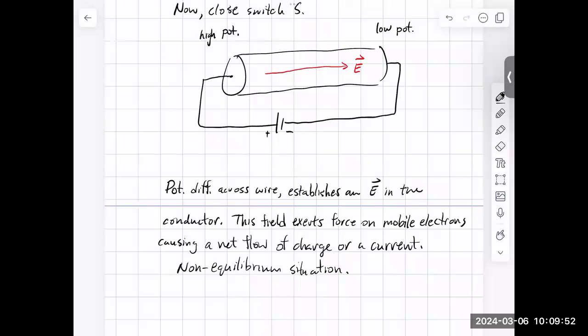All right, so in this picture then, if it's my electrons that are causing the flow of current, there'll be a force on these electrons. Because the electrons are negative, it'll be in the opposite direction of the electric field. It's still true that the electrons are constantly scattering off of atoms in the wire or defects, but now, although they scatter and have their direction randomized, on top of that, they slowly drift in the direction opposite of the electric field.